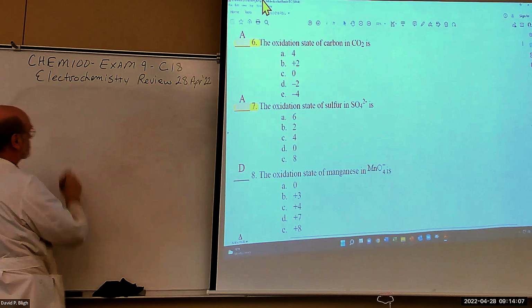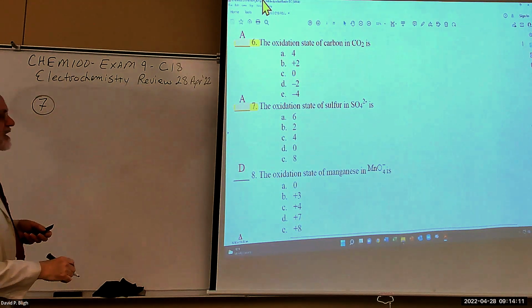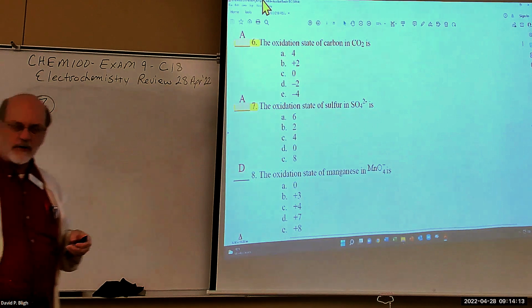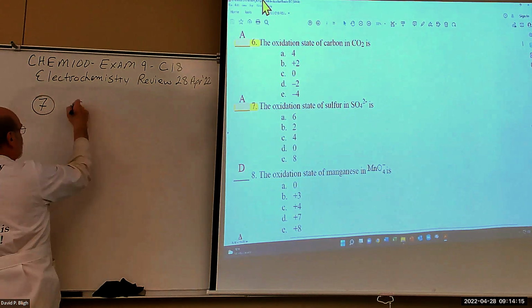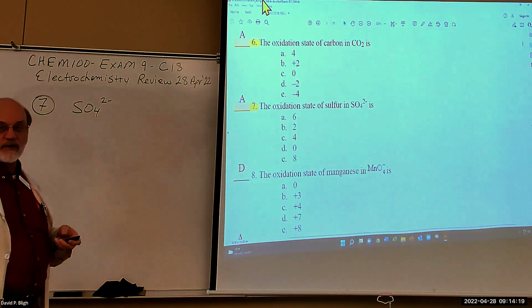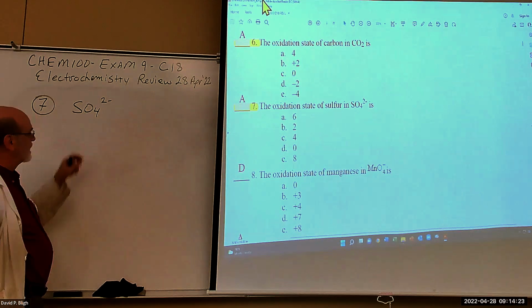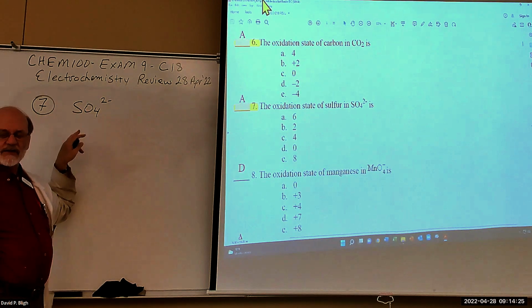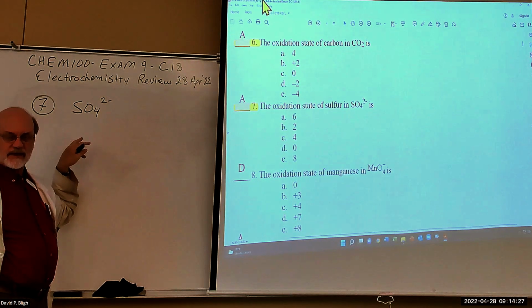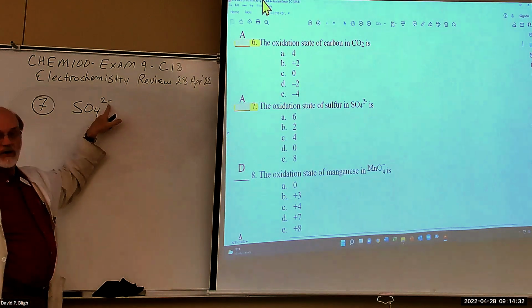Number 7. It's like we're going to get into polyatomic land here. What's the oxidation state of sulfur in SO4 2-, which is the sulfate polyatomic ion? The rule says that all the oxidation states for every atom in there added together has to equal that charge.